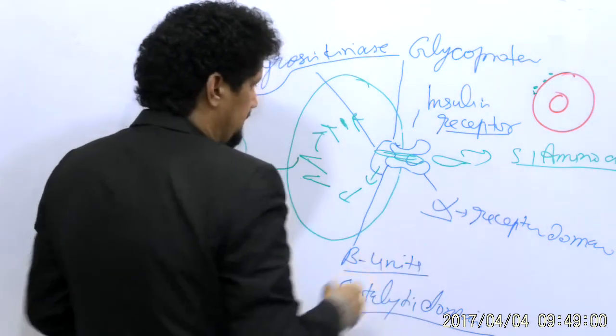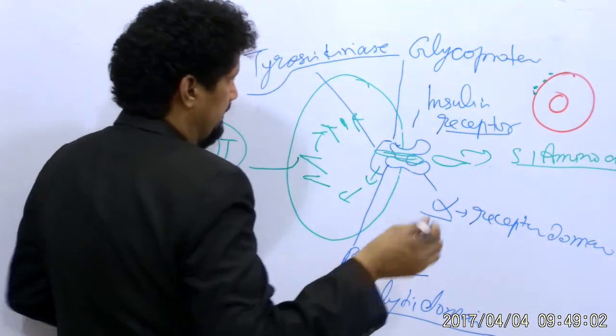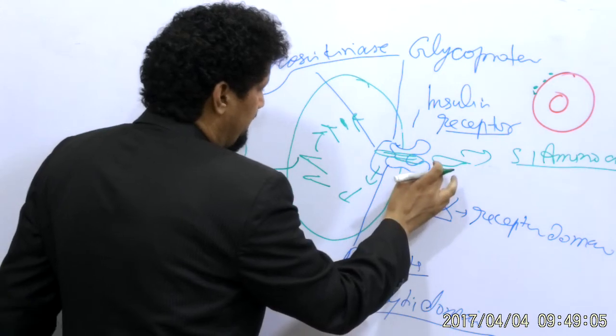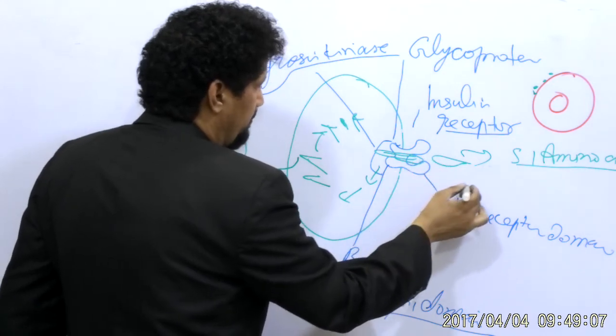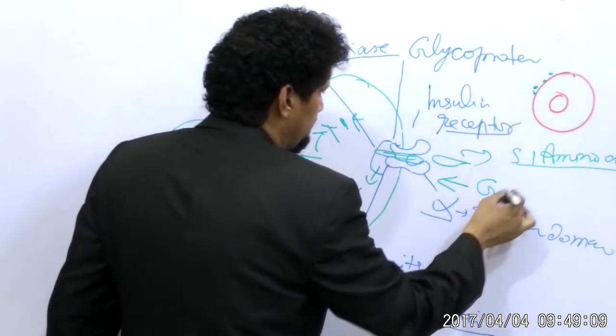Insulin opens this receptor, and when the receptor is opened, there is entry of glucose inside the cell.